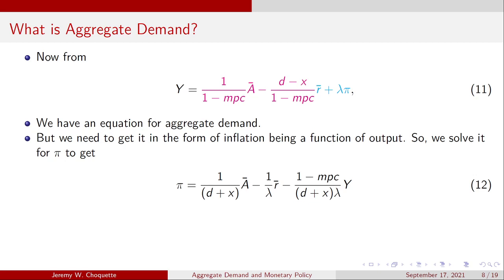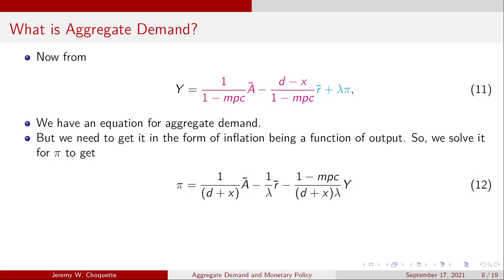Because you remember the demand and supply graph, right? Price is on the vertical axis, so we want to get this in terms of inflation. So I just solve it for pi. This is what I get, equation 12. It looks like a lot, but don't worry too terribly much because a lot of the stuff is just constant.